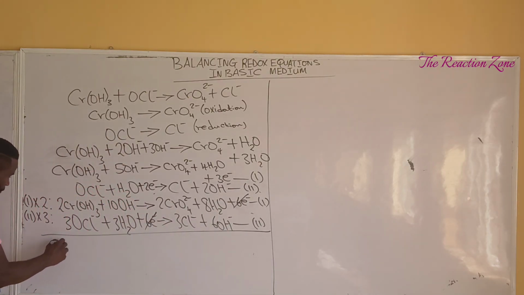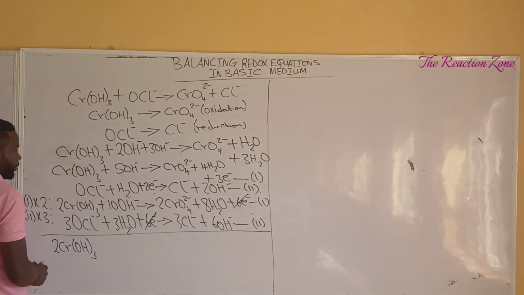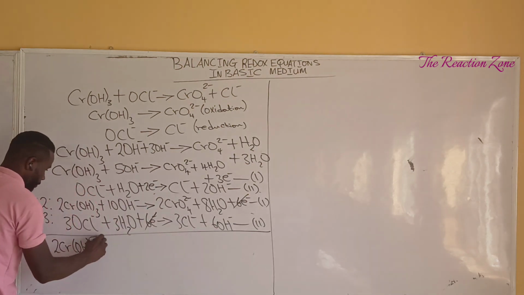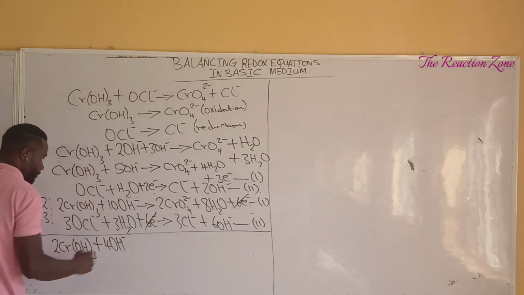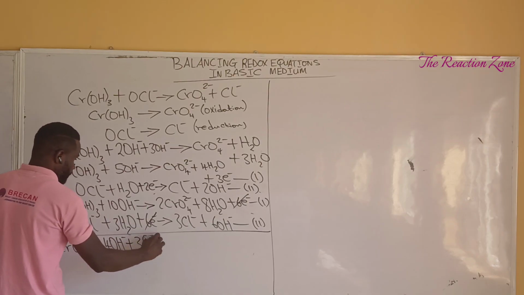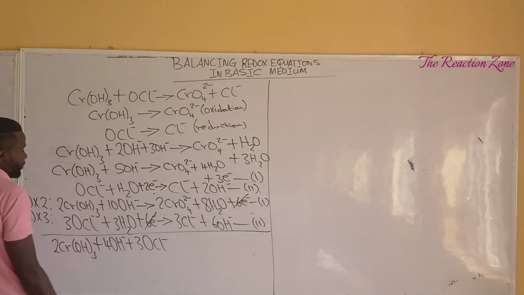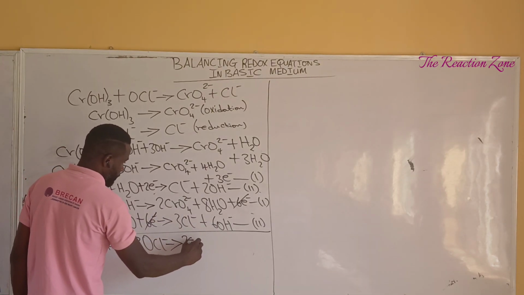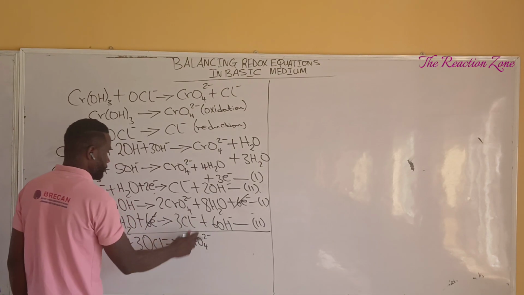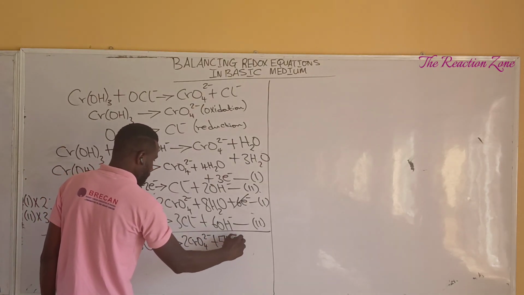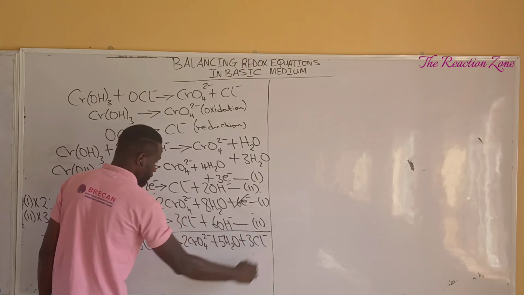So this will become 2Cr(OH)₃. There is 6OH⁻ and there is 10, so 10 minus 6 will give us plus 4OH⁻ plus 3OCl⁻. We put the equality sign to give 2CrO₄²⁻, and 8 minus 3 will give us plus 5H₂O plus 3Cl⁻.